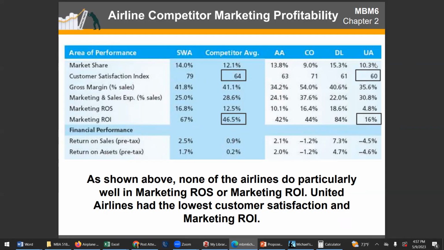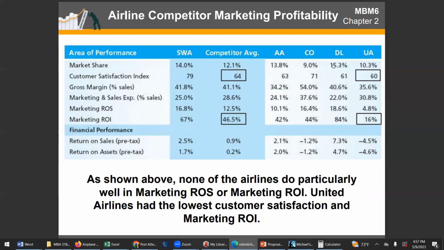But you can see United Airlines, at least at the time of this publication. Their customer satisfaction index, assuming this is all accurate, was at 60. It's below the airline average. And it makes sense that their marketing ROI is far below the competitors' average. Look at this, they're spending more on marketing and sales than certainly Delta.